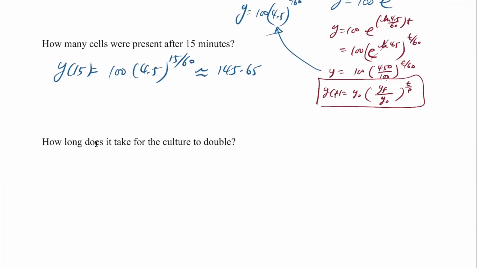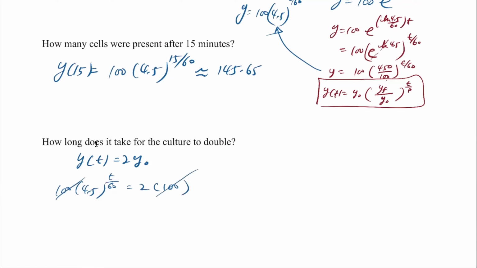How long does it take to double? We're looking for y of t equal to twice the y naught. So 100 times 4.5 to the t over 60 equals twice the 100. So that's just 2.